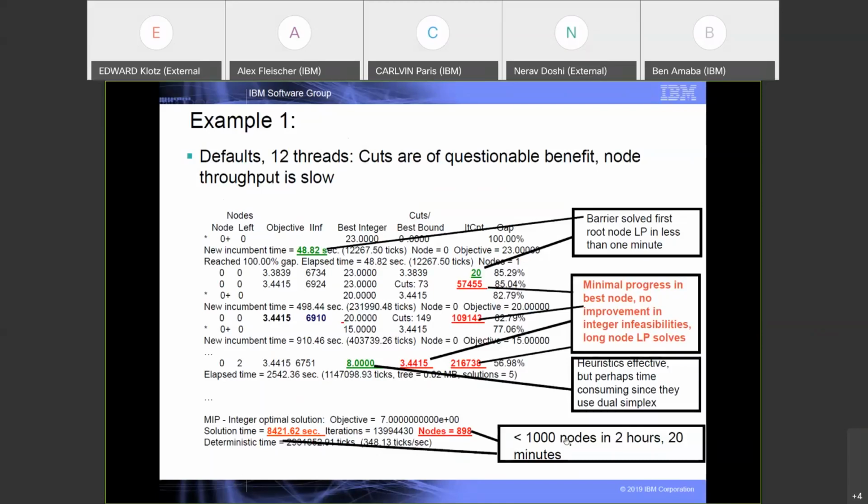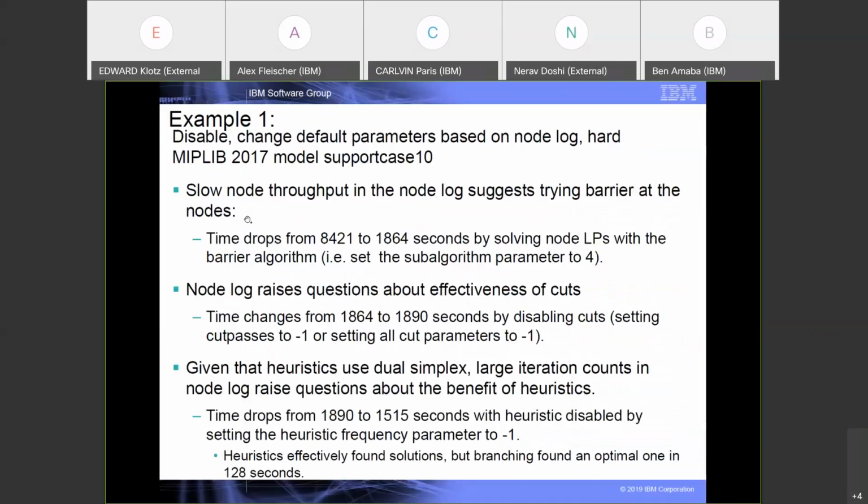So the biggest thing to speed this up was just to solve all the node LPs using the barrier method, which means in CPLEX terminology, set the sub-algorithm parameter to 4. Since there was some question about effectiveness of cuts, I tried turning them off.